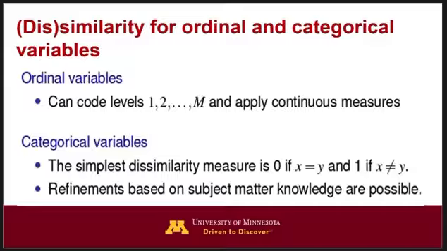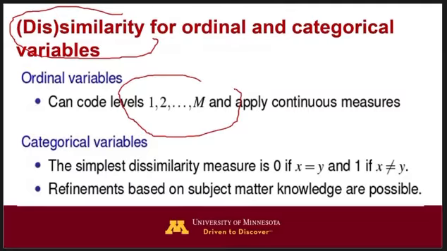It could be categorical. It doesn't matter. We can find similarity and dissimilarity of different kinds of variables, whether categorical or ordinal. We can even have a mixture of those. For ordinal, where you rank, we're going to have that. And for categorical, let me tell you this.